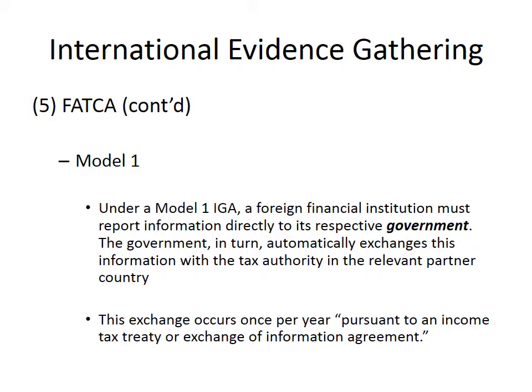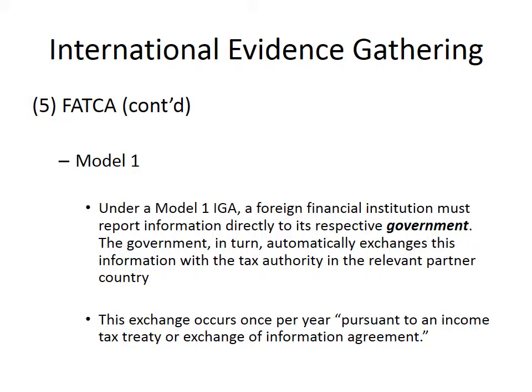The Swiss government, in turn, will automatically take that information and ship it over to the IRS. No questions asked. It's an automatic exchange from one government, the Swiss government, to another government, the U.S. government.